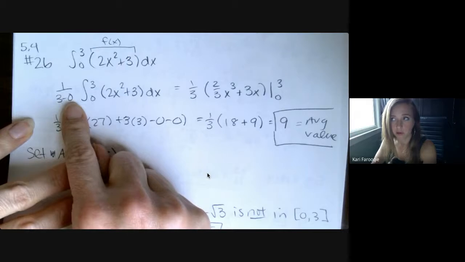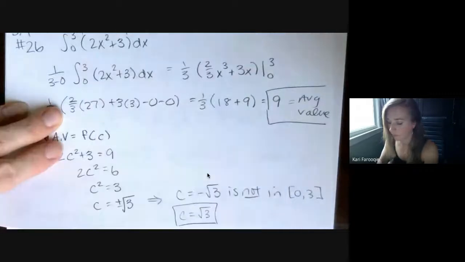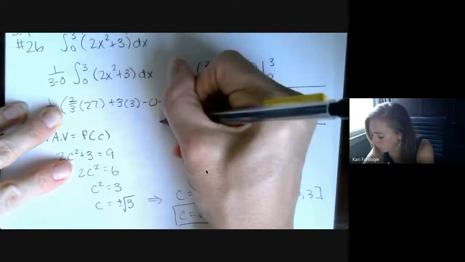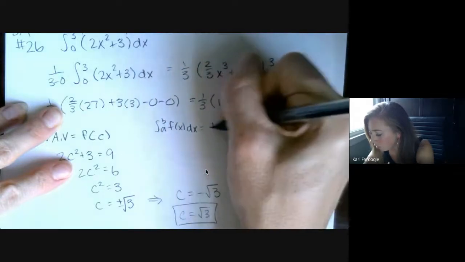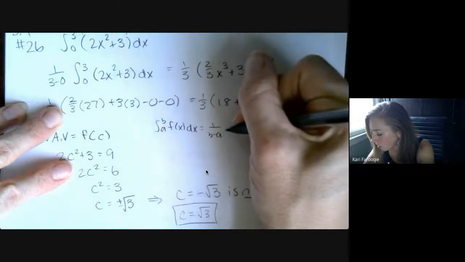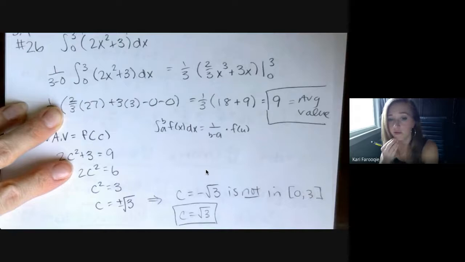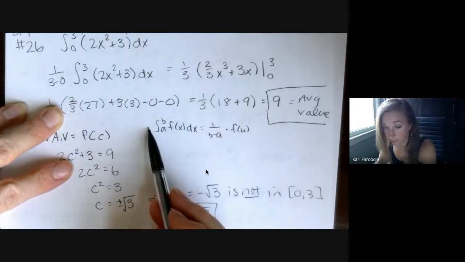If we hadn't used that yet, then we would need to use it at some point. I'll write it here: the integral from a to b of f of x dx equals 1 over b minus a times f of u. So f of u being the average value is what we divided by over here.